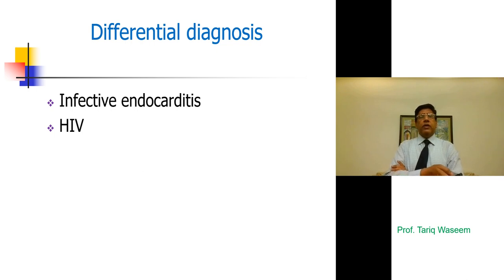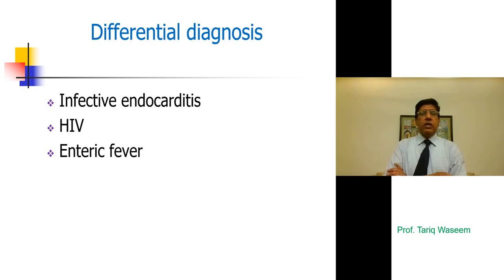We can think of HIV or AIDS because of his indulging in IV drug abuse, and he is likely to have shared needles and may likely have immunocompromise from HIV. With a short history of 7 days, enteric fever can also be considered.